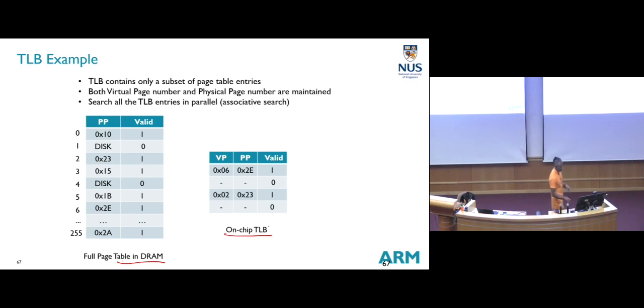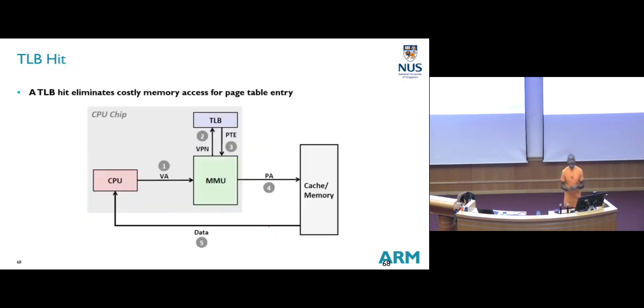Alright, and the idea is, when an address comes in, I try to settle everything that I want within the processor space itself. Okay, and within the processor space itself, once I can get the correct page table entry and it's valid, then I straight away go out and get the address that I want. Okay, so this helps me to minimize access to the physical DRAM.